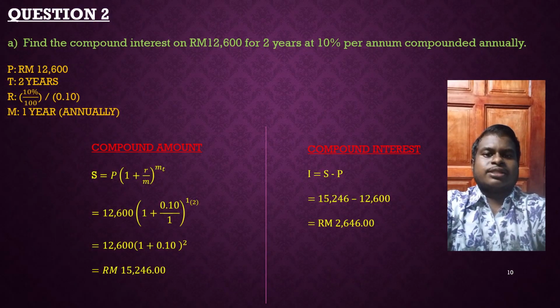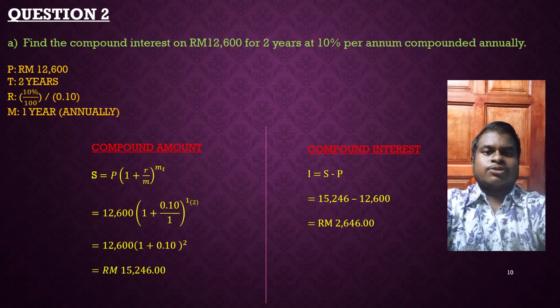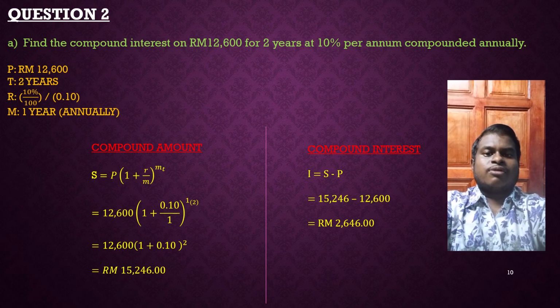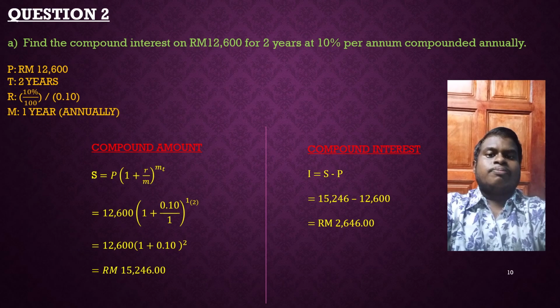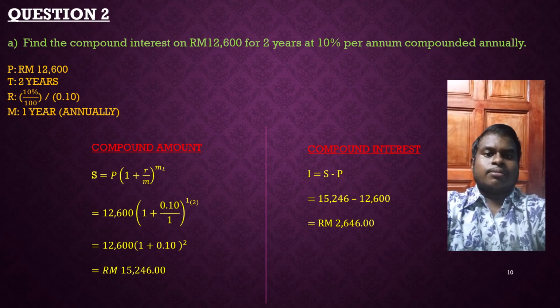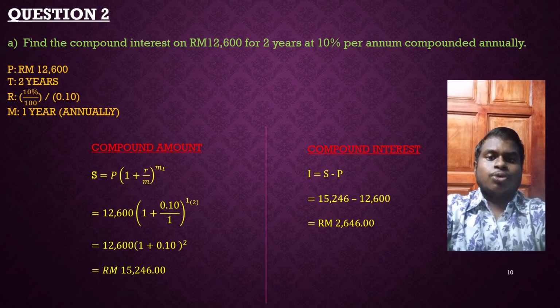Hello everyone, my name is Kishan Son of Raman from DLS Team A and my test number is 23DLS23F205. First of all, we are finding the compound interest on RM 12,600 for 2 years at 10% compounded annually using the formula S equals P(1 plus R)^T, where P is 12,600, R is 0.10 and T equals 2.